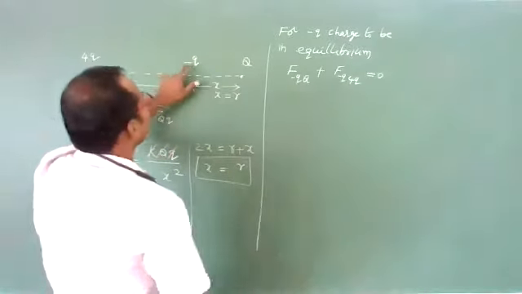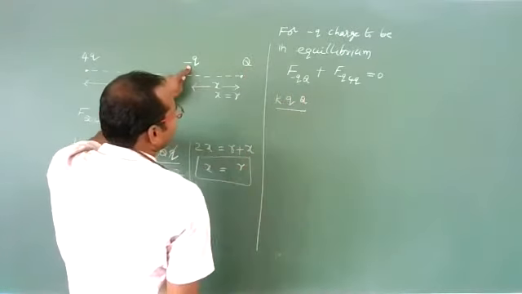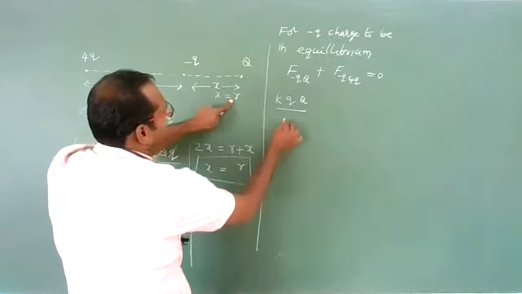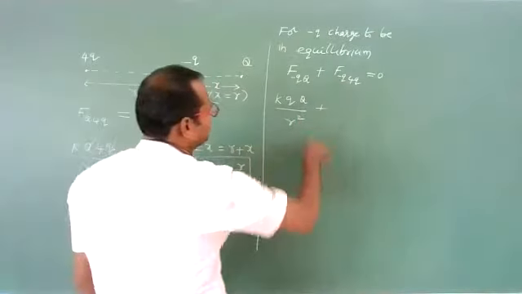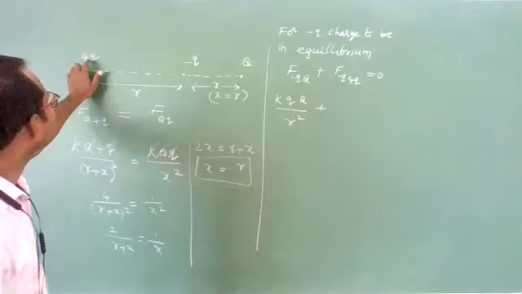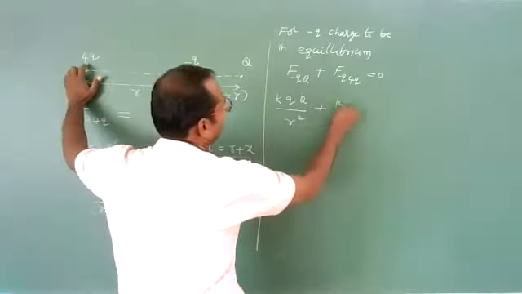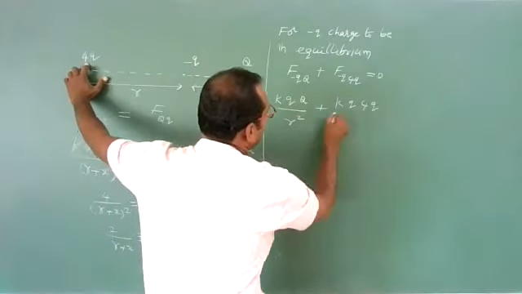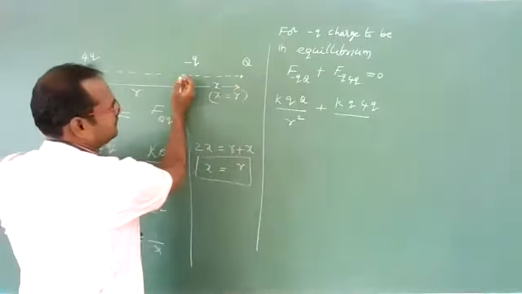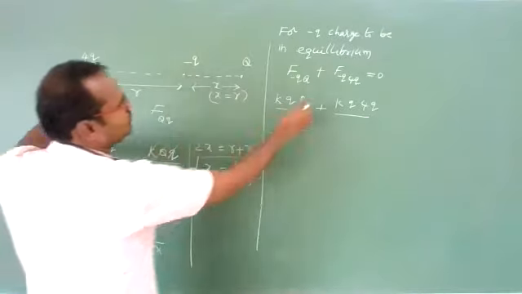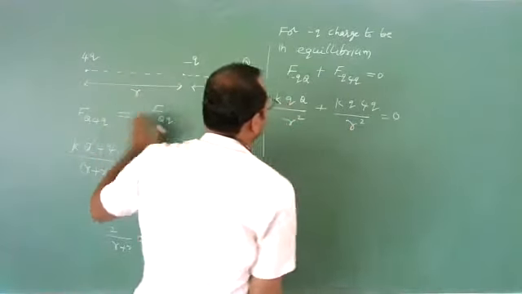Let us write. The force on minus q due to capital Q is K Q q divided by the distance, which is r, so r square. x means the r value. Plus the force due to 4q is K q 4q divided by the distance, which is also r only, so r square, and this should be equal to 0.